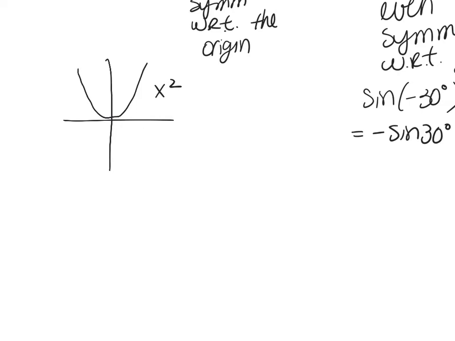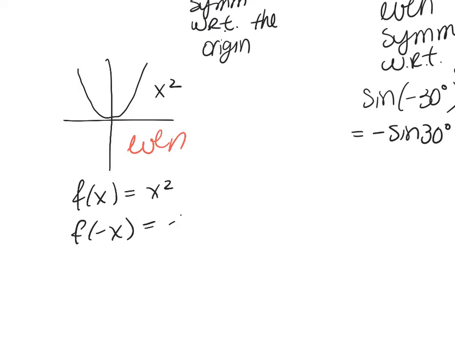This is an even function. I can just put in, just to check it, if I have f of x is equal to x squared, f of negative x is equal to negative x, the quantity squared, which is exactly what I came out with.